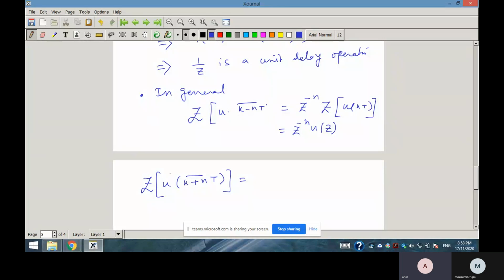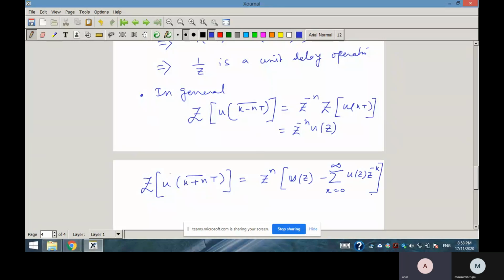So the z transformation of u of (k plus n) t, here it will be z to the power n. If you just apply the z transformation formula, you will directly get this. Please try to check it. Minus the summation of k equal to 0 to infinity u(k) into z to the power minus k.